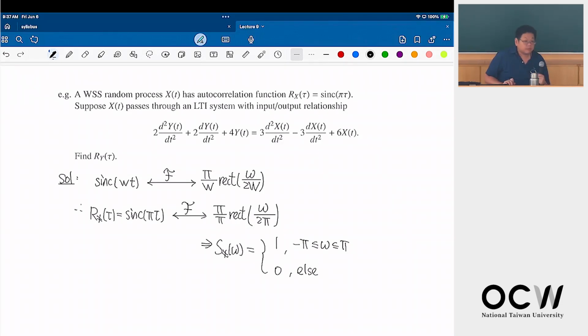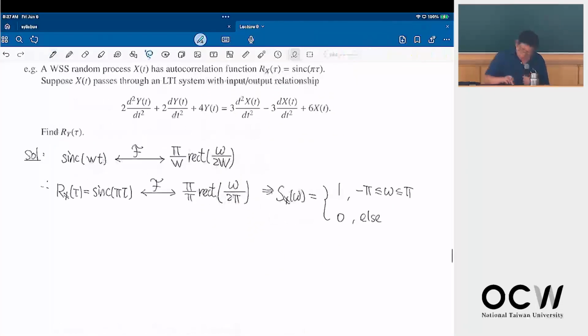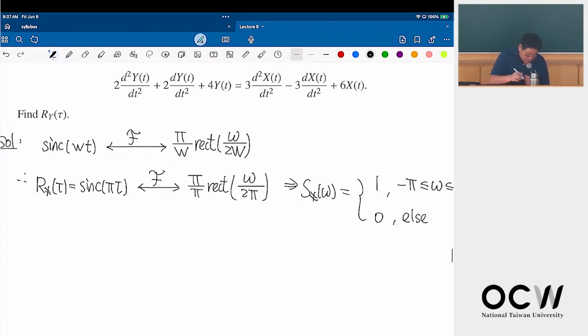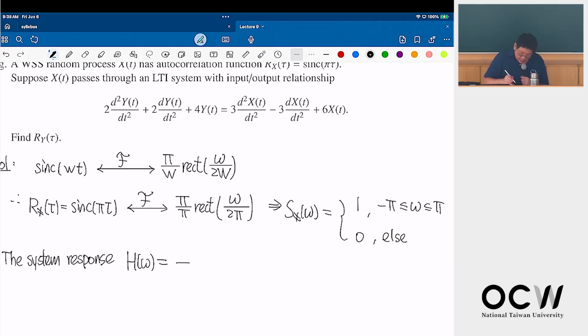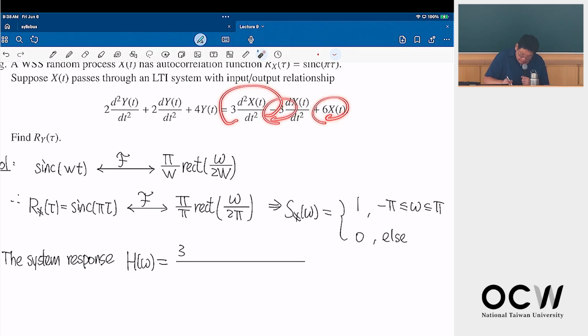Then let's see the system response. For the system response, according to that equation, the system response is, here have 3, minus 3 and 6, and denominator 2, 2, 4.